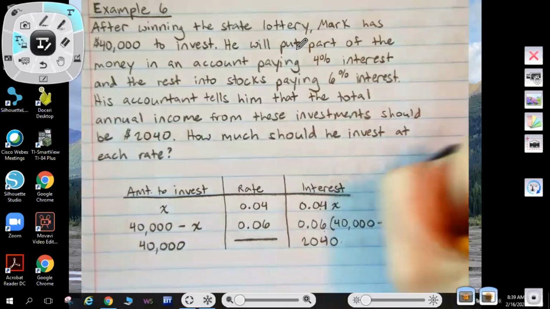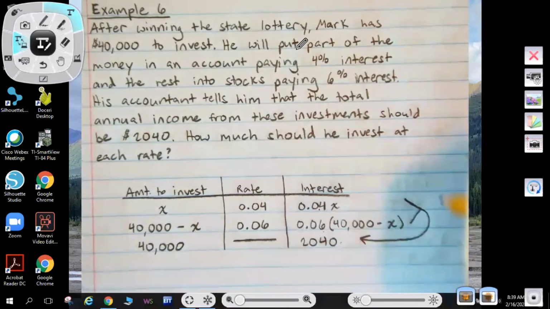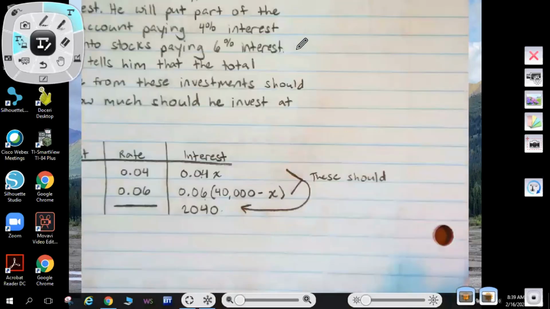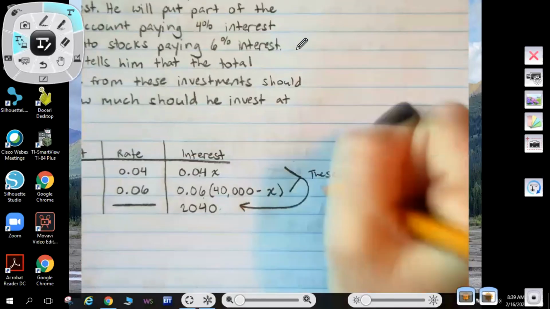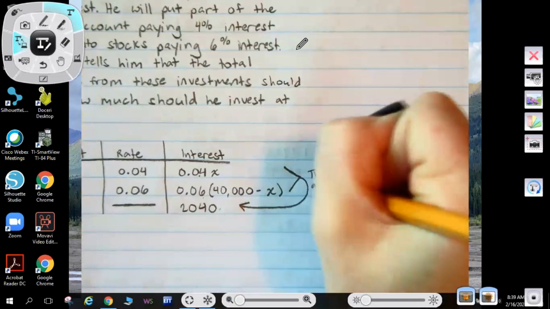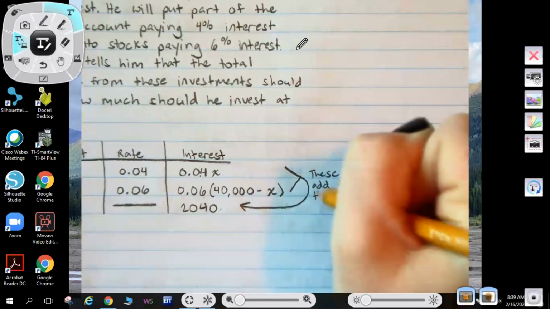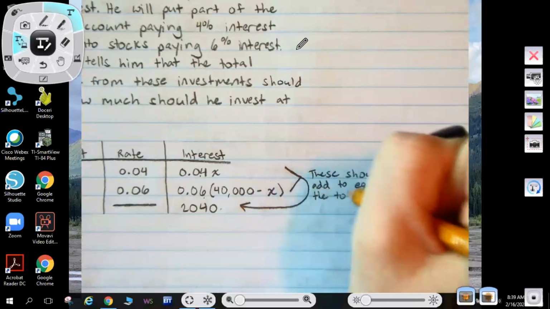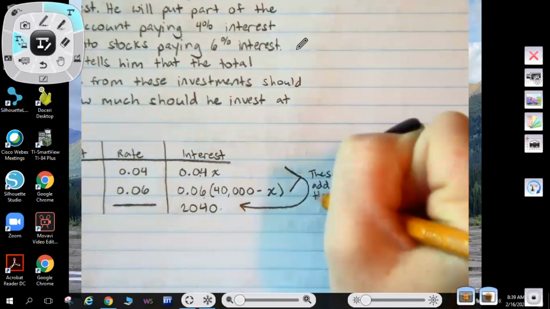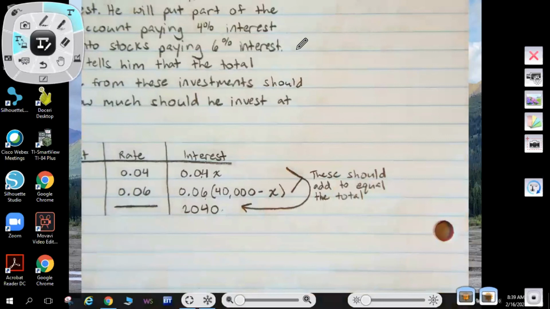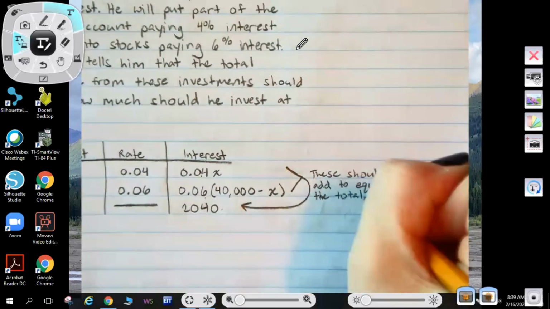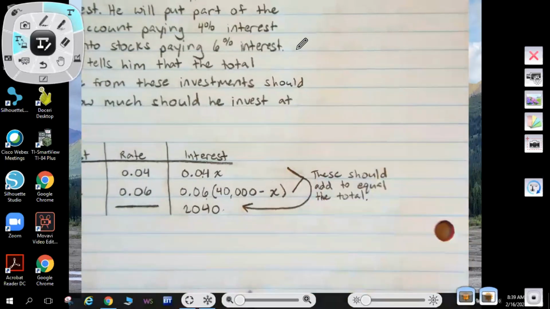So let's make a note of that. So these two should add to equal the total. However, you need to write that so that you can remember that that's what we actually did.